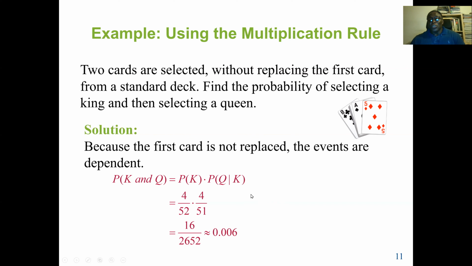Now, what's the probability of selecting a queen given a king? That means 1 card without replacement, so 1 card will be gone. So we get 4 over 51. And the final answer will be 16 over 2652, which is 0.006.